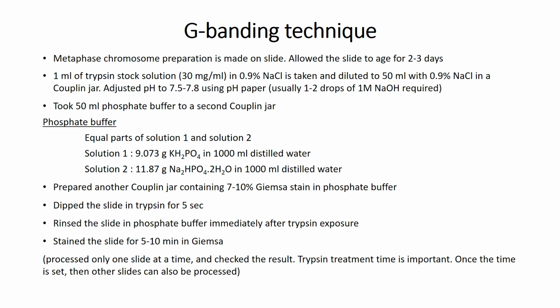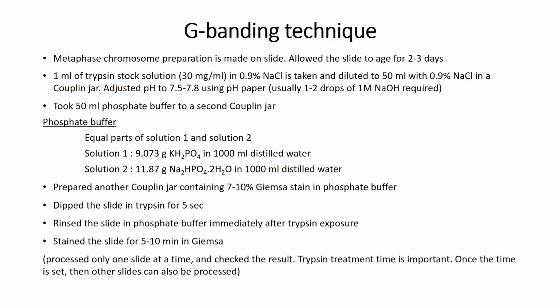Observe this slide under the microscope. If good banding is there, then it is fine. Otherwise, if the chromosome morphology has gone bad, reduce the time. If the chromosome morphology is fine and banding is not so good, you can increase the time. So this is how the banding is done.